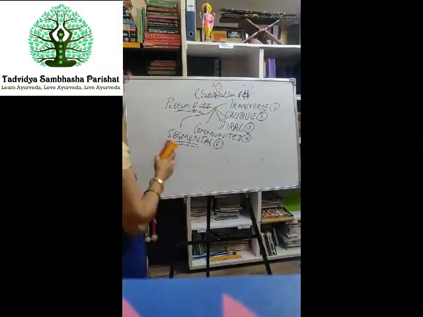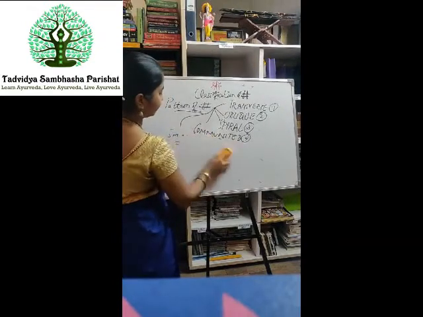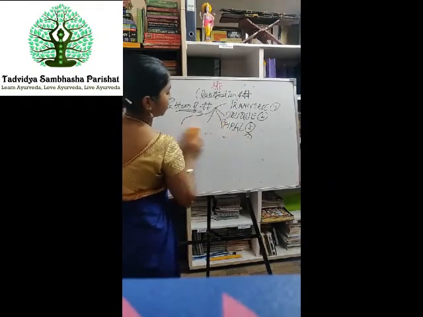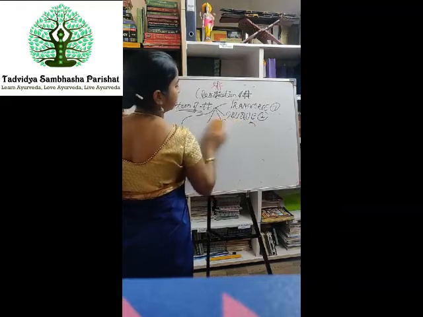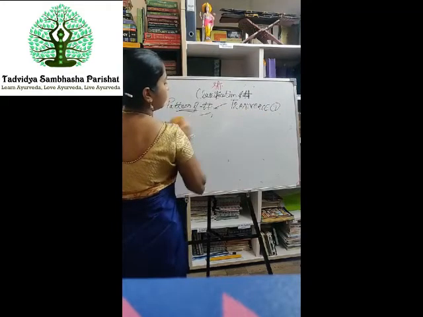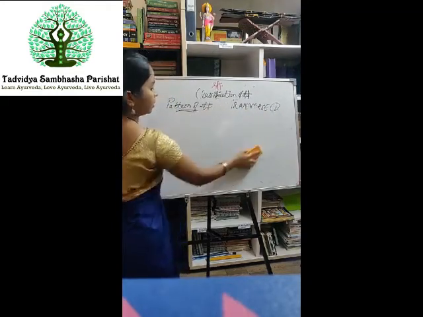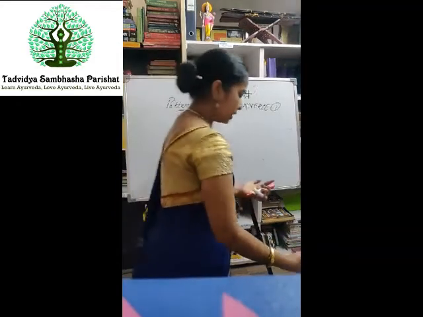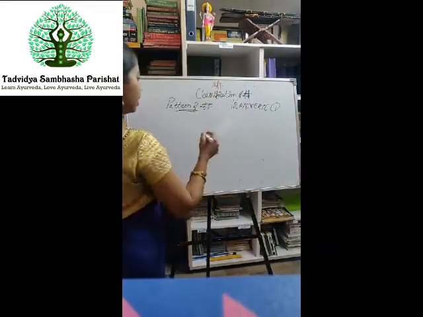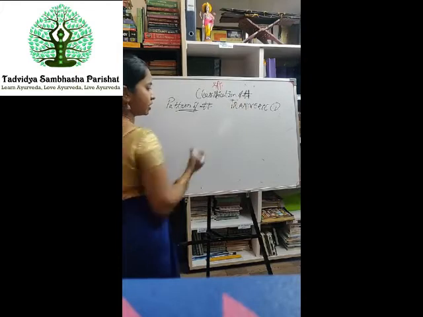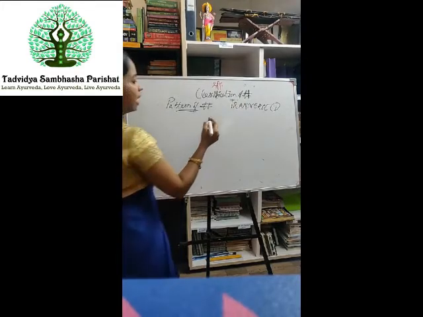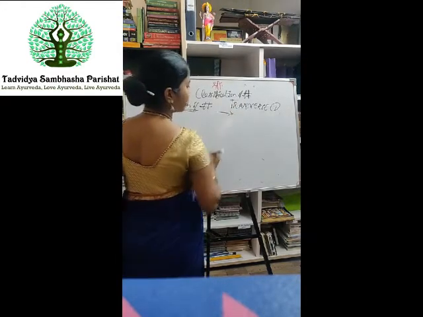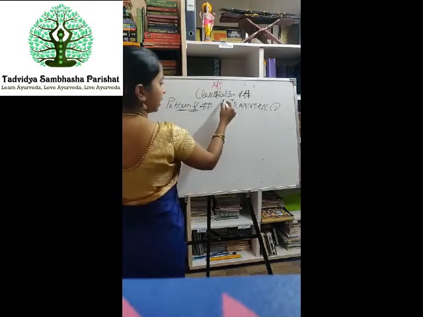So the first is transverse fracture. Here, how are we classifying this? It is with respect to the fracture line, with respect to the vertical axis of the bone.